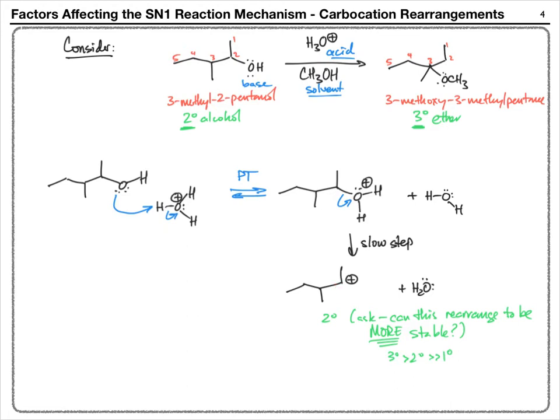And so this is why I strongly encourage you as students to write this stuff down and not do it in your head, because you're coming to these decision points where you have to evaluate the structure when you ask these questions. This is a secondary carbocation. You ask, can this rearrange to become something more stable according to this stability trend for carbocations? You're sitting at secondary. Can it rearrange to form something that's tertiary? And this is the logic you use to do that.